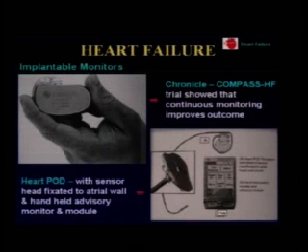The other type of sensor, which I have shown here in the right hand corner, is called HeartPOD. This is really very interesting, and there are two components. One component is stitched to the atrial wall in the body, and the other one is a module plus a monitor. This module and monitor stays in your own hand with the patient, and it senses all the intracardiac pressure.